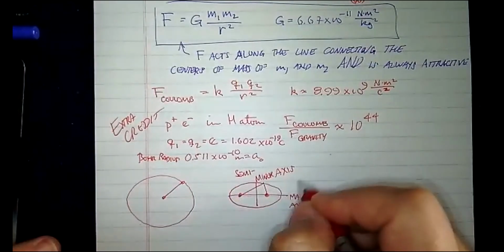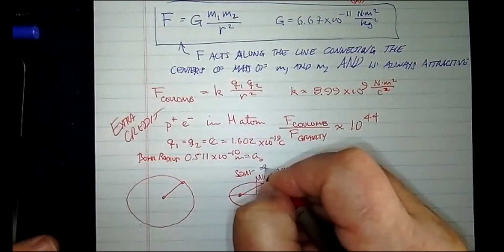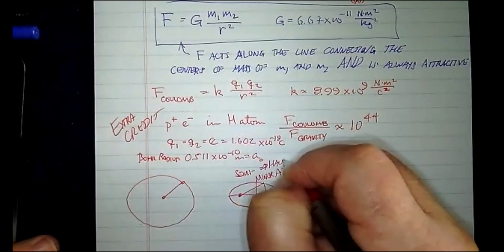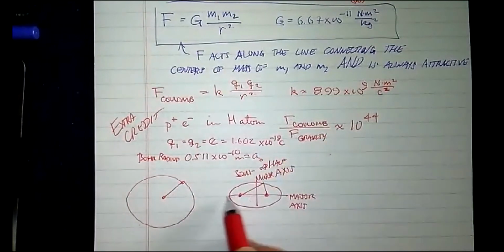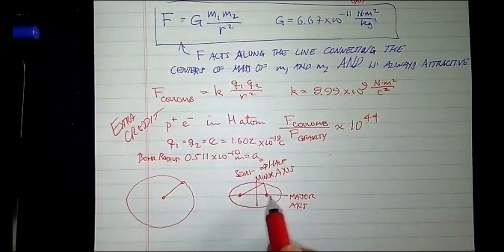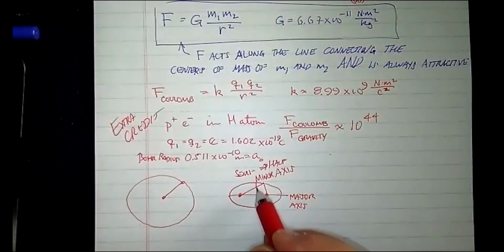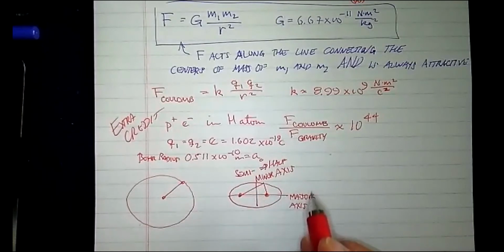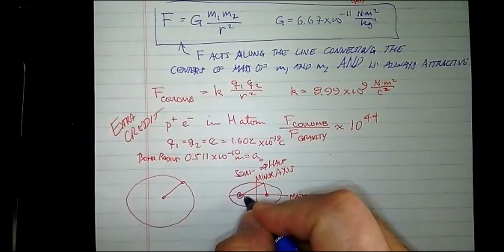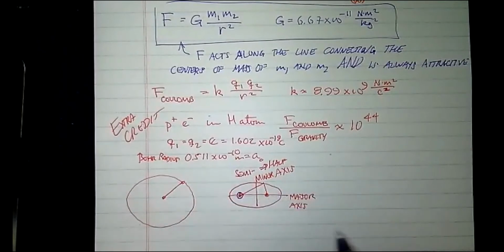And that just means half. So this would be a semi-major axis. This would be a semi-major axis. This would be a semi-minor axis. This would be a semi-minor axis. Does that make sense? So what he's saying is, if indeed this is an orbit of a planet, then the sun might be there and nothing special will be there.